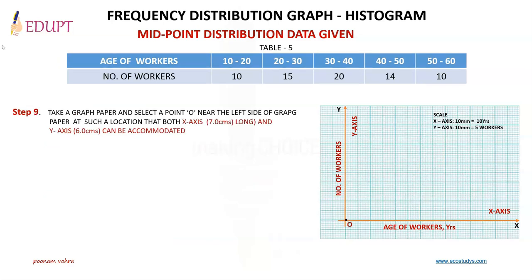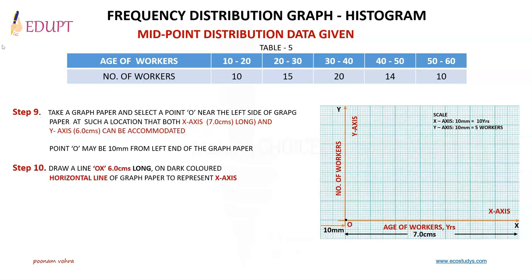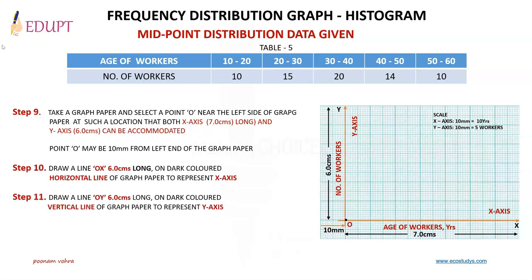Then you need to take a graph paper and select 0 near the left side of the graph at such a location that both x-axis, which is 7 centimeters long, and y-axis, which is 6 centimeters long, can be accommodated. Then draw a line OX 7 centimeters and draw a line OY, which is 6 centimeters.